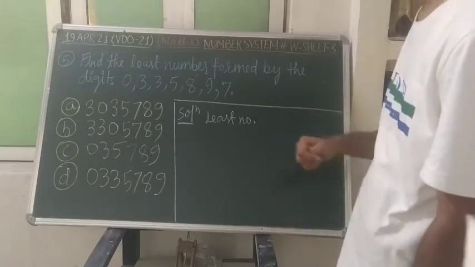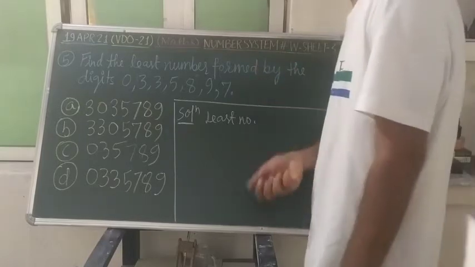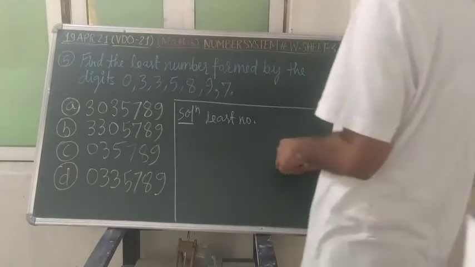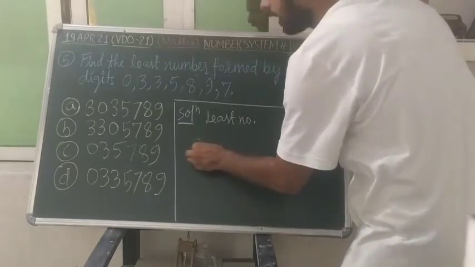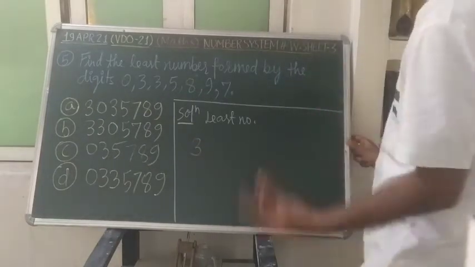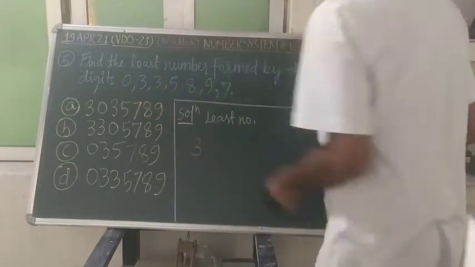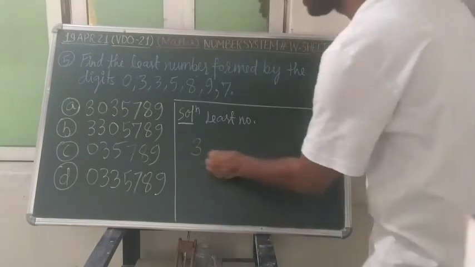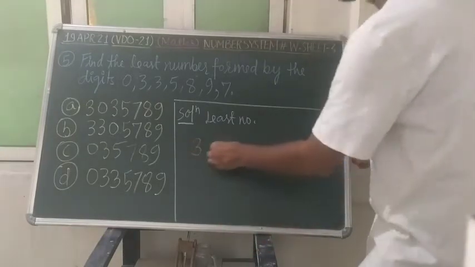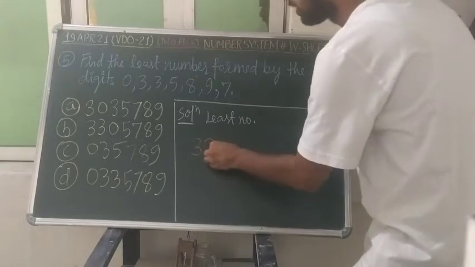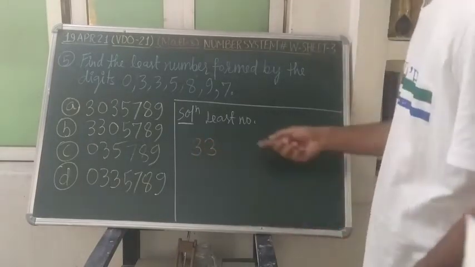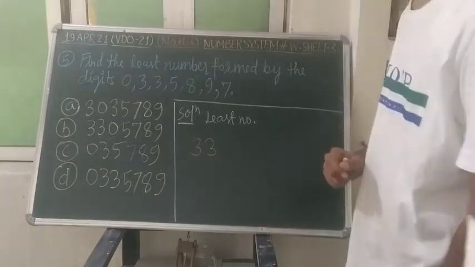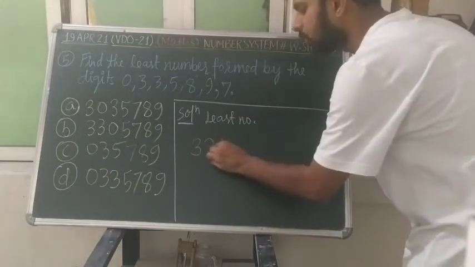No. 3 is present, yes, 3 is present here, and you can see this 3 is there 2 times. So we should write this 3 two times first, then after we should write 0.